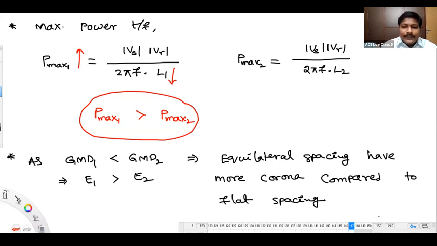Or else you can say the flat system will have less corona.